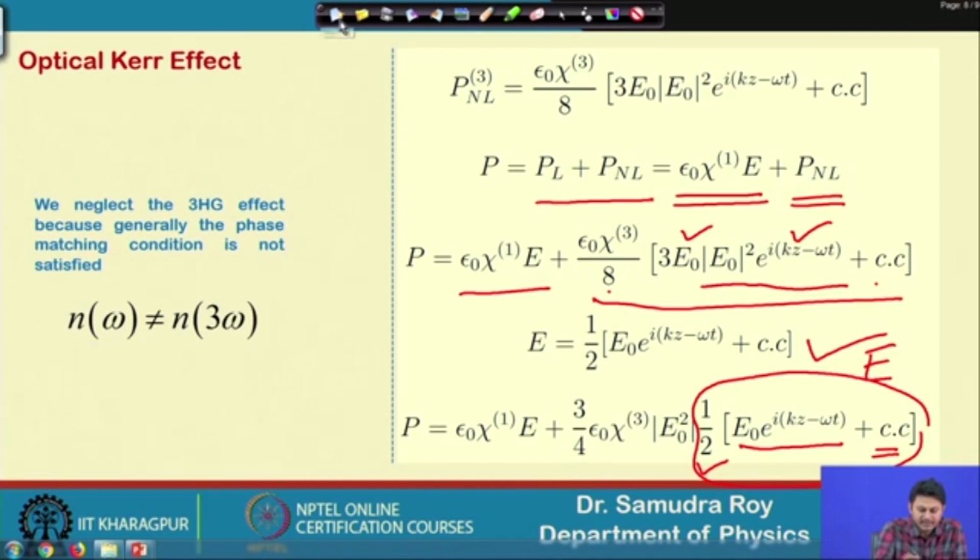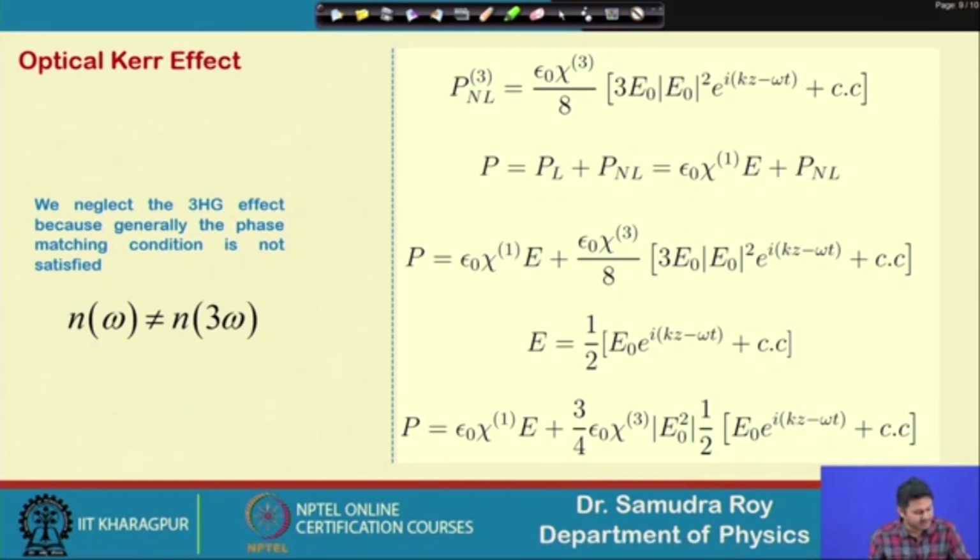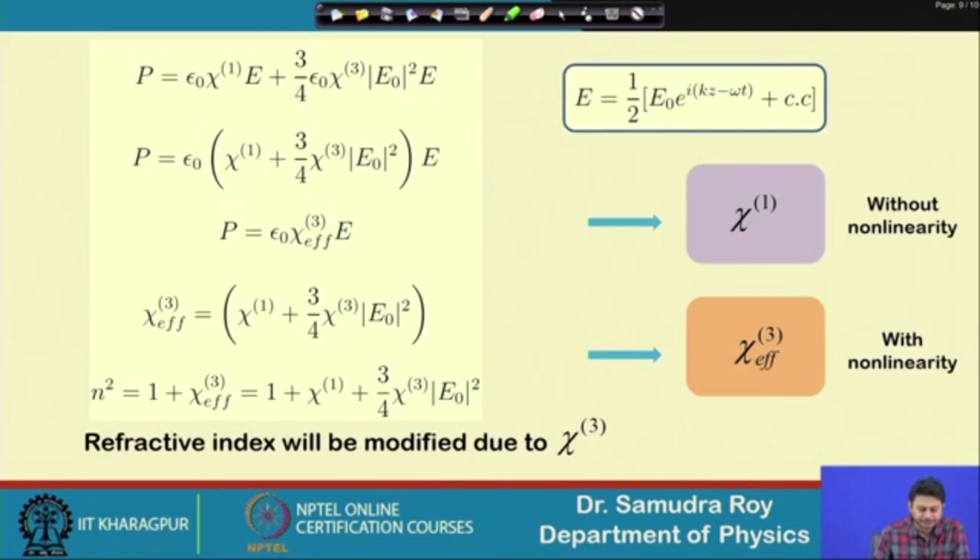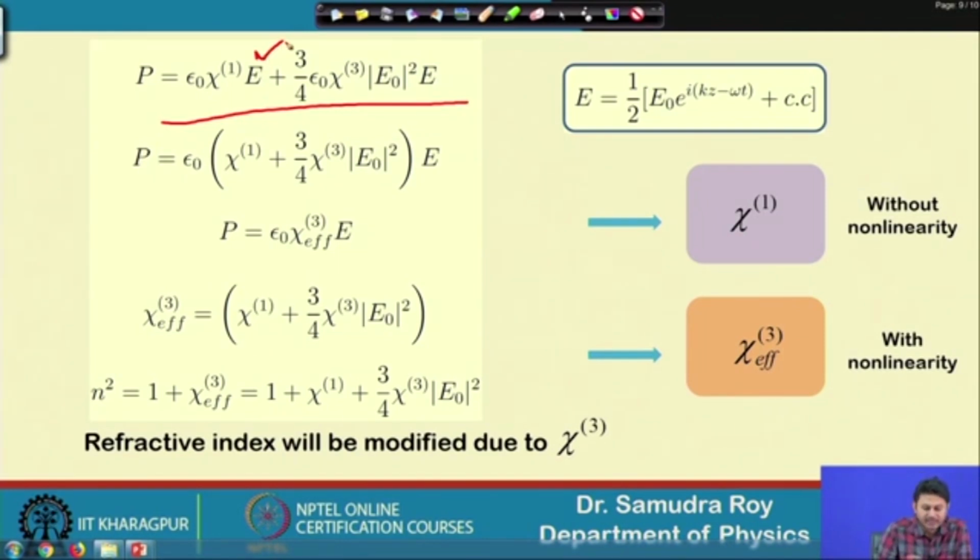So, now if I write my total polarization in this form, I can have an expression something like this, where we have E here and also one E here. Taking E common, I can write epsilon 0 (chi 1 plus 3 by 4 chi 3 mod of E square) into E, and eventually it leads to epsilon 0 chi effective E. So, I actually try to write this P in a standard form.